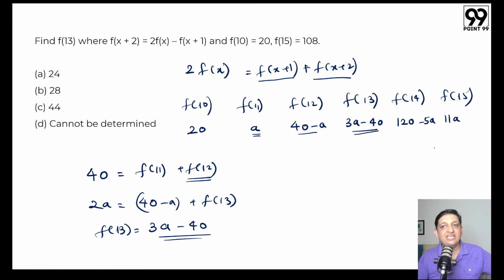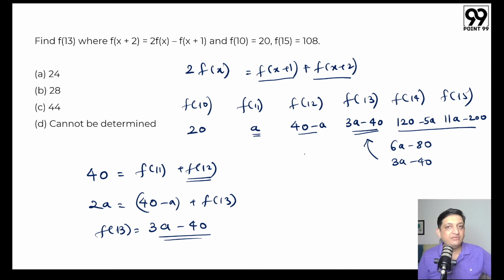I will add 11A. Also, I need to have a minus 80 here, but I have a 120 here. So how do I get a minus 80? Minus 200. So if this comes to you intuitively, your life will become much easier. You can just add these and see as well, just for the sake of posterity. So 11A minus 5A is going to be equal to 6A, and 120 minus 200 is going to be minus 80. Half of this is going to be 3A minus 40, which is basically this term.